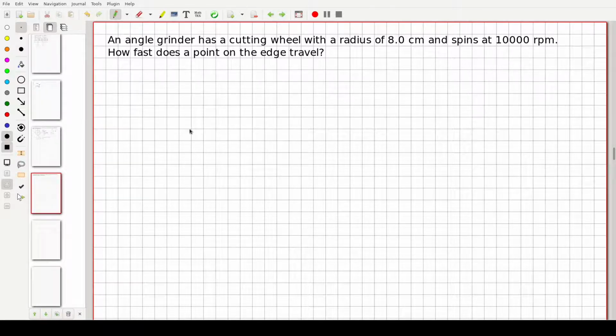Now, an angle grinder, for those of you that don't know what they are, look kind of like this. Let me find this one so you can see. Let's see here.